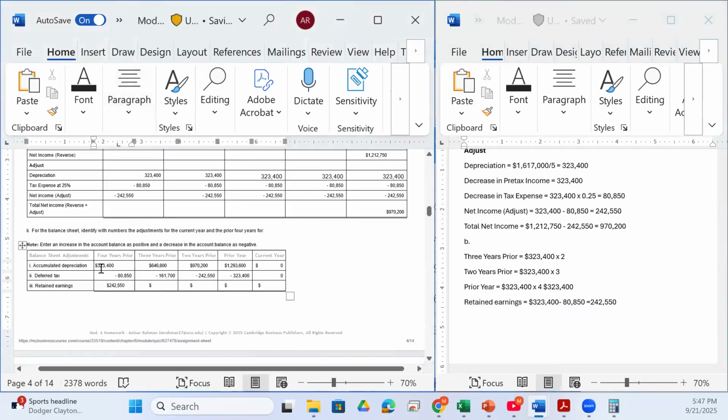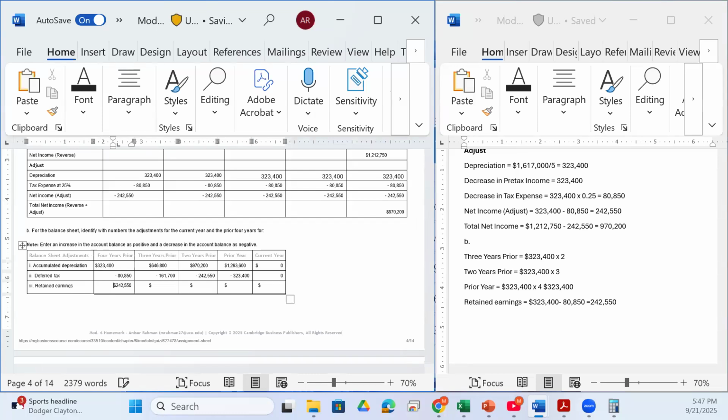Now remember, we are increasing depreciation expense. So that basically means our net income needs to decrease, right? So that's why we have a negative sign here. Okay, I still have the problem with the negative sign.